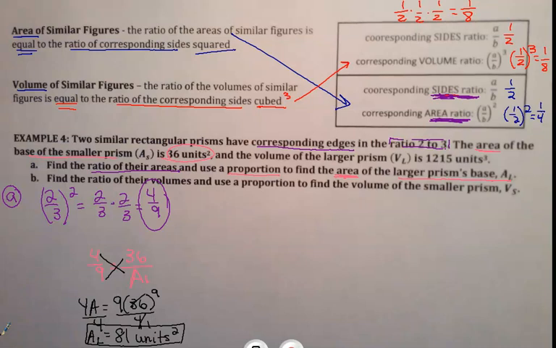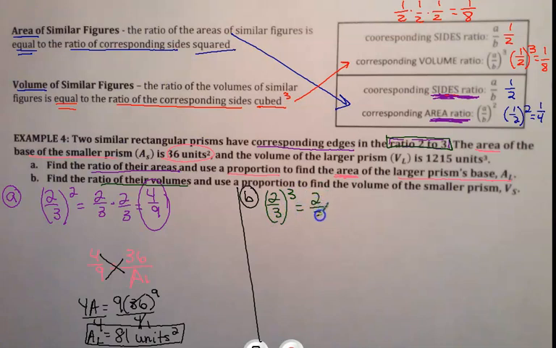Now we're going to go on to B. Okay, so let's look at B. This time it says find the ratio of their volumes. So it'll be cubed this time. We take the ratio of their sides, this 2/3 again, so 2/3 to the power of 3.